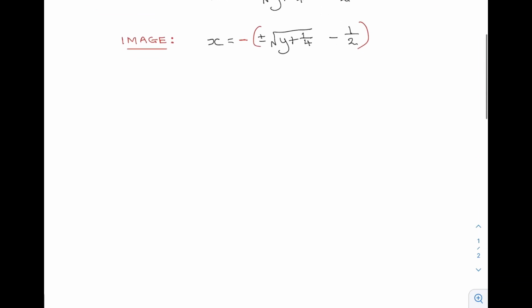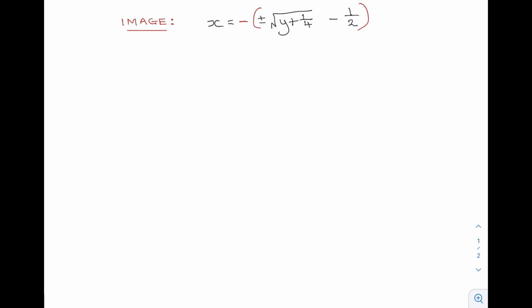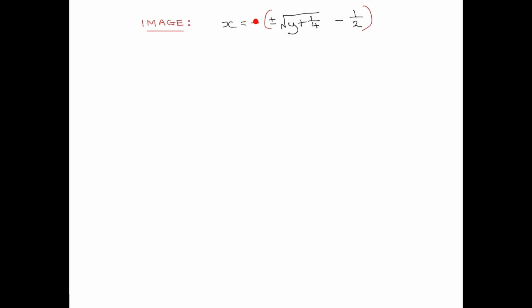Expanding first, we have negative times a positive makes a negative, and a negative times a negative makes a positive. So for the first term, we just have plus or minus the square root of y plus 1/4.